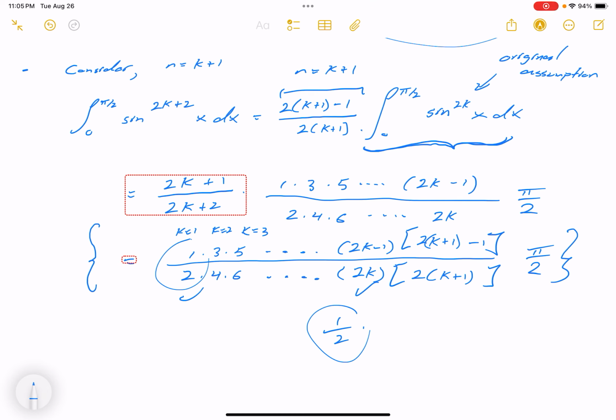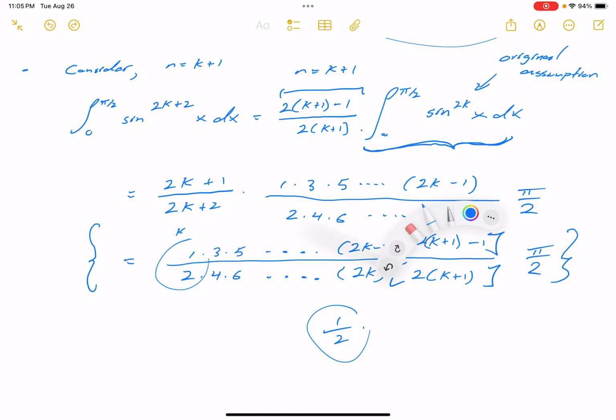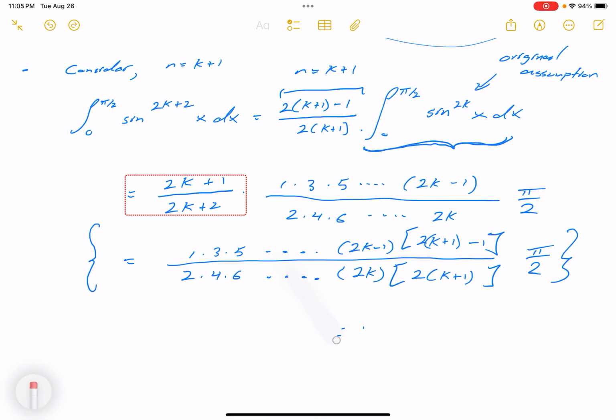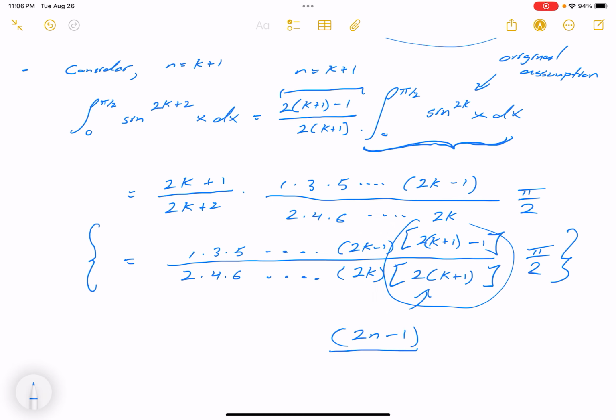So just plug in whatever value of k you want. And this part right here is the same thing as 2n minus 1 over 2n times pi over 2 when we let n equal k plus 1. So it's the same thing, just in a different format, right?